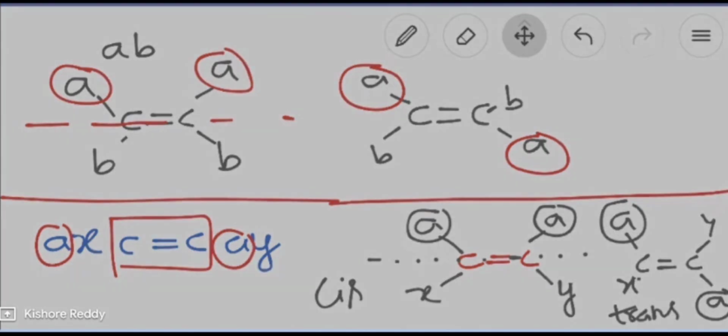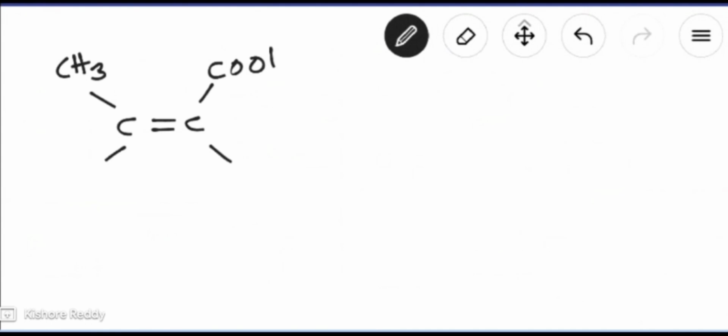So the second type is where you have only one similar group. For that, let us take this example. C double bond C. Now one methyl group, one carboxylic acid group, and then H and H. Now can you identify?